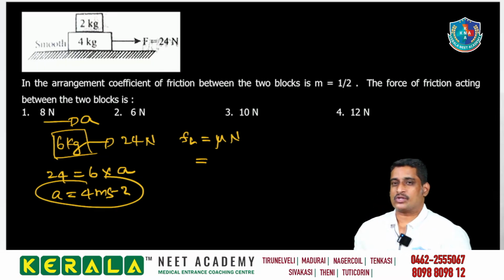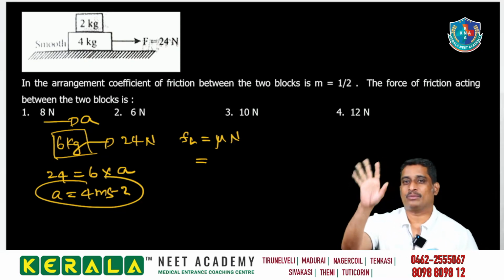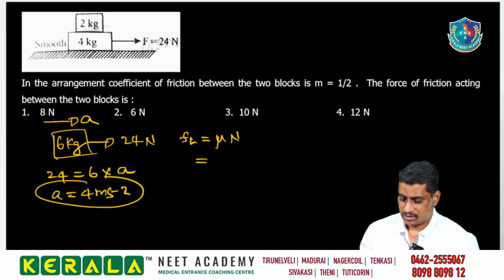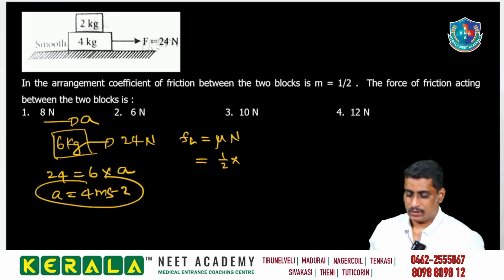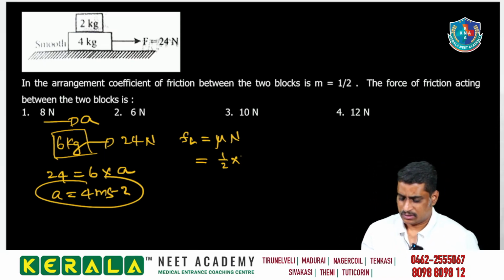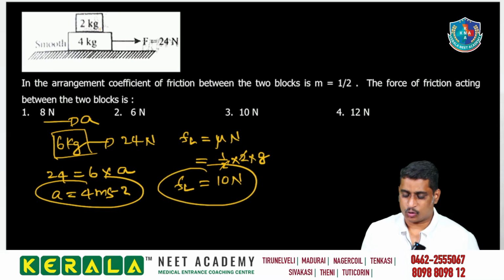Between which surfaces you are calculating frictional force, between those surfaces only you should take normal force. It's a fundamental thing which must be remembered. In this case, mu value they have given as 1 by 2, into normal force between the blocks, nothing but weight of the upper block, 2 into G. G value you can take as 10. So 10 Newton is the limiting friction between these two blocks.